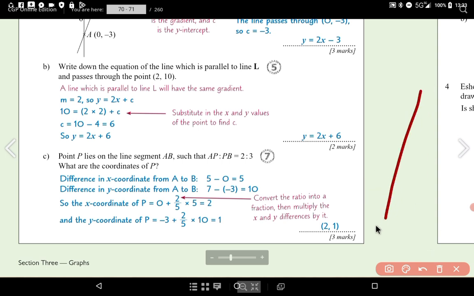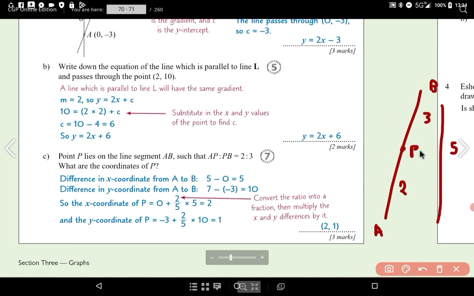This is a line AB, but then there is another point P, and AP to PB is 2 to 3. Meaning the total ratio here is what? 5. So the ratio of AP is 2 over 5 and the ratio of PB is 3 over 5. I'm sure you understand ratio. So first of all, find the coordinates for P. So how do you find the coordinates that are here?